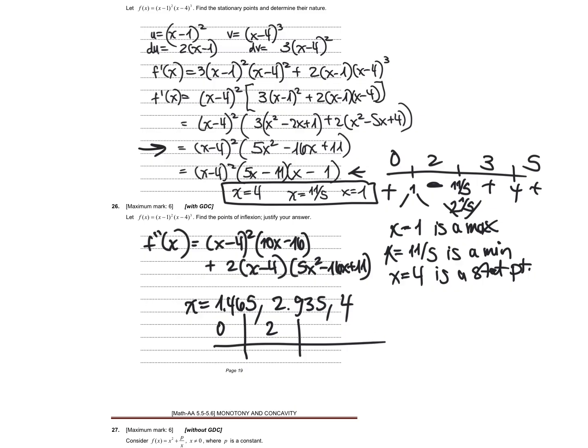So at 0, it's negative. At 2, it's positive. At 3, it's negative, and at 5, it's positive. So all of these are points of inflection, actually, because they're all changing concavity. It goes from negative concavity to positive concavity. So these are all points of inflection.